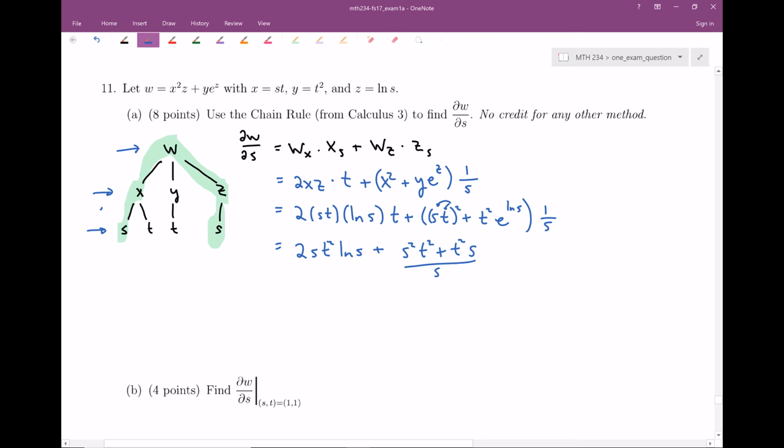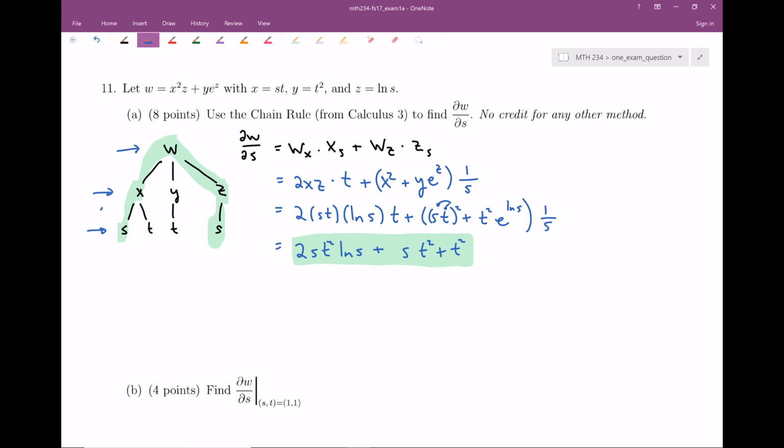Right? I'd be dividing by s, so there's actually a little bit more cancellation here. And let me just go ahead and erase those. So divide by s, and there we go. So this is our result. This is our final answer here for part A. So the partial derivative of w with respect to s, fully simplified and with just our independent variables.